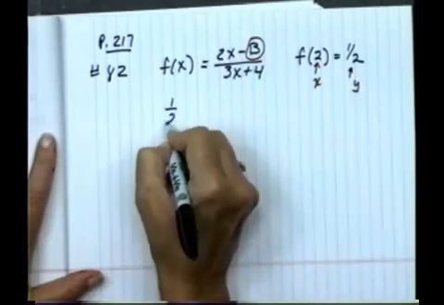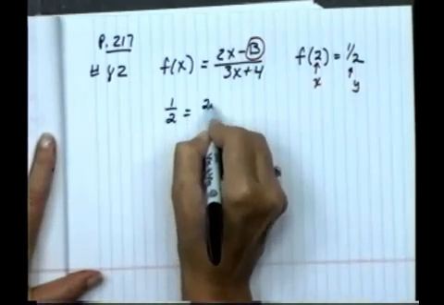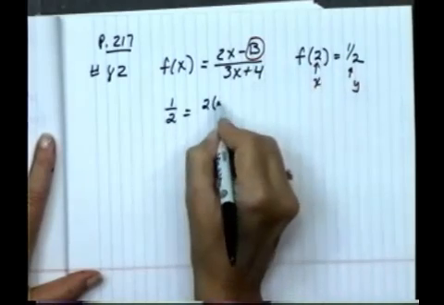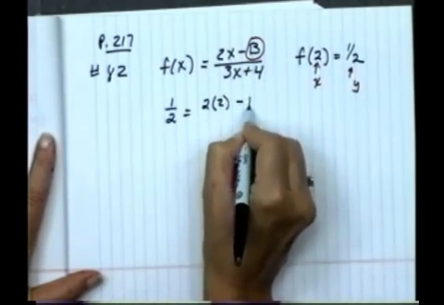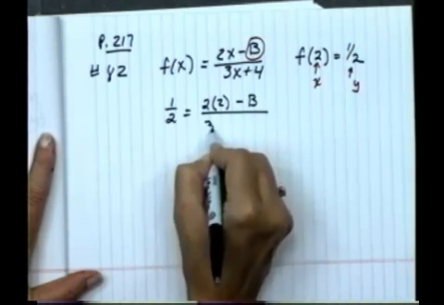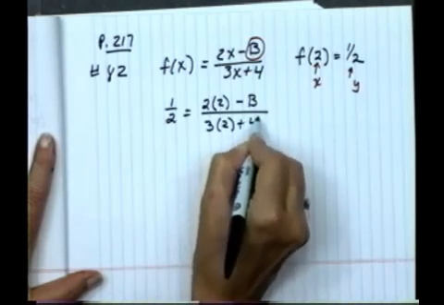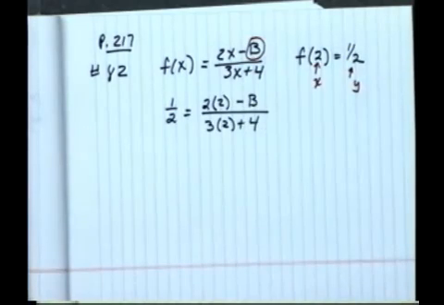We have 1/2 equals 2, and in the place of x, I'll put a 2 minus b over 3 times 2 plus 4. Everybody agreeing with that?